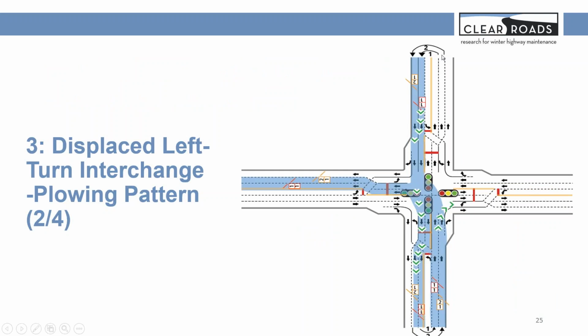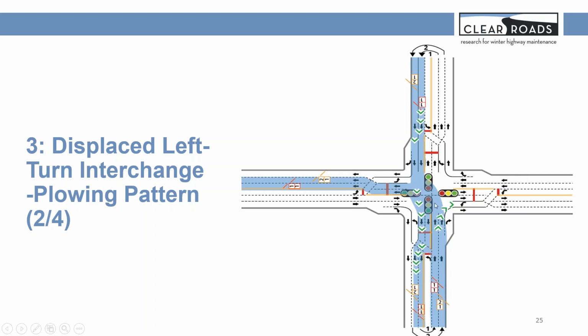When the trucks reach the end point, they turn around to clear the 2 through lanes of the northbound and go across the intersection, continuing to clear the left and middle through lanes on the other side, and the trucks turn around again to clear the 2 through lanes.